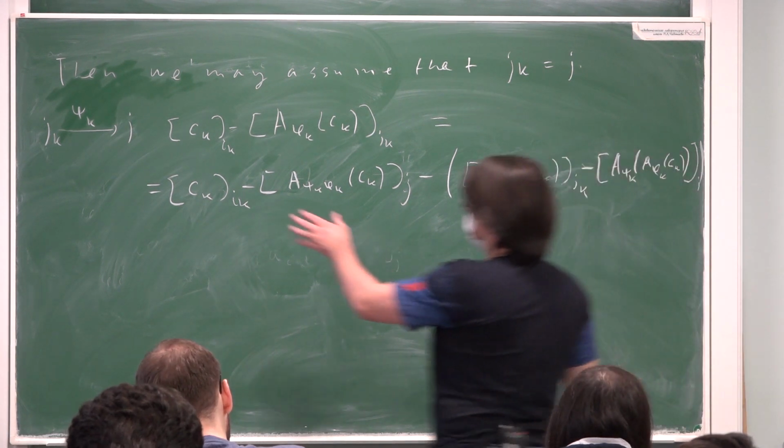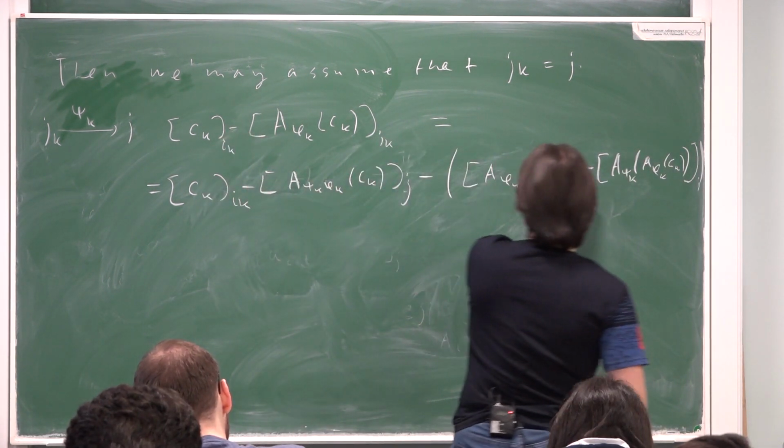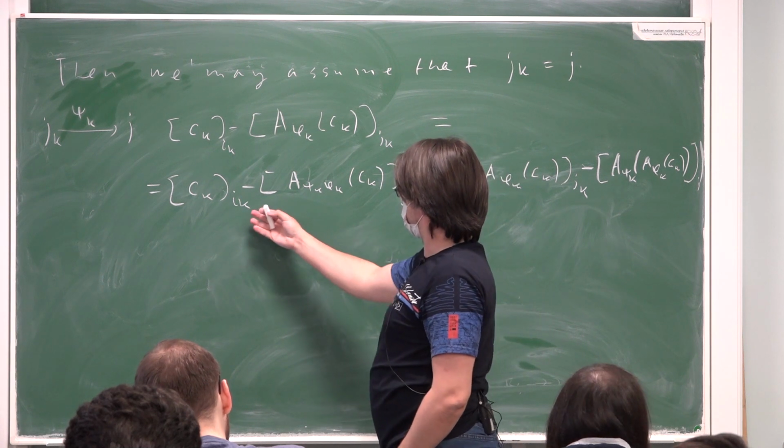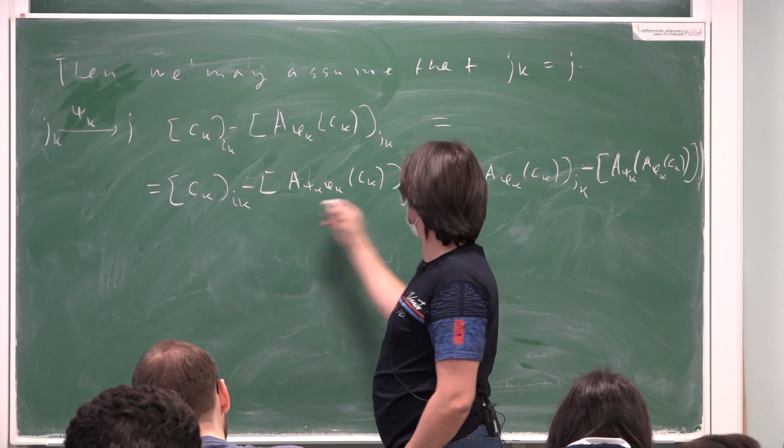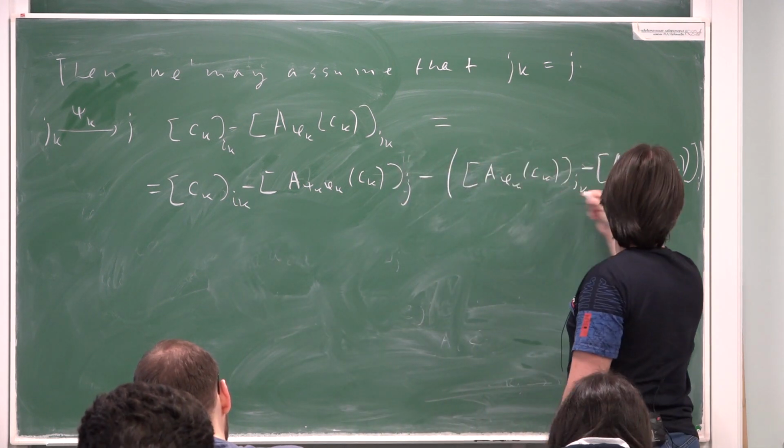So we can replace this expression by these two expressions that correspond to some maps. This corresponds to a map from i_k to j, and this to a map from j_k to j.